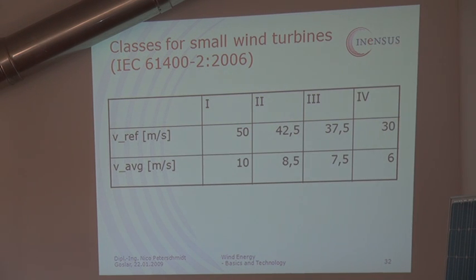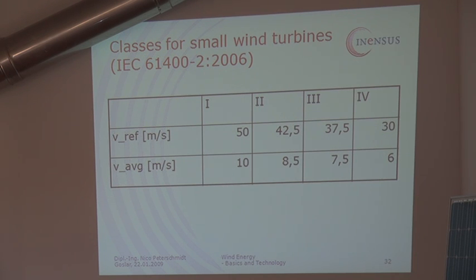Okay, let's go into the small wind turbines. And for the small wind turbines, this is the 61400-2 standard I was talking about already. And in this standard, different wind classes are defined for wind turbines: classes 1, 2, 3, and 4.